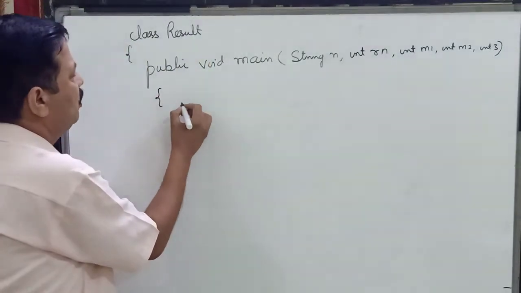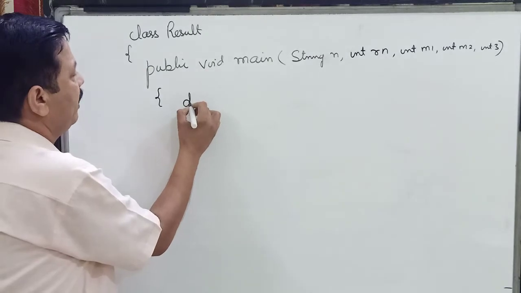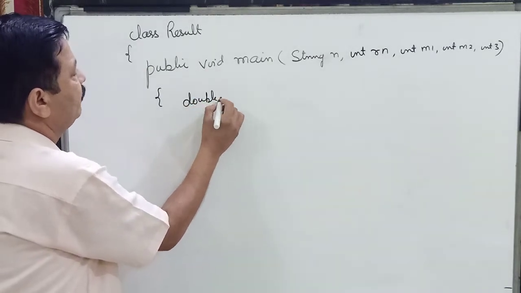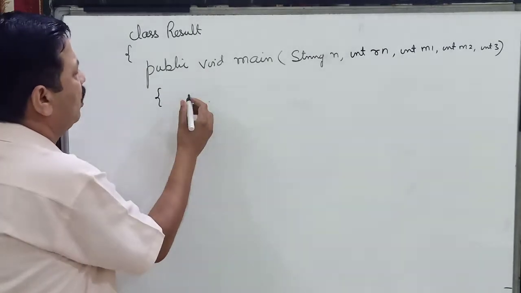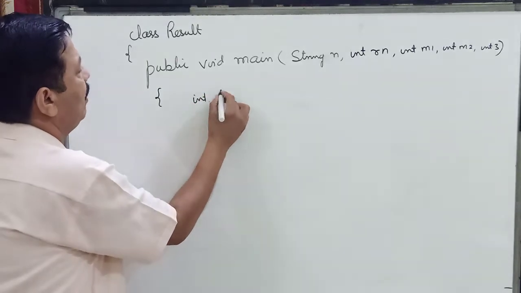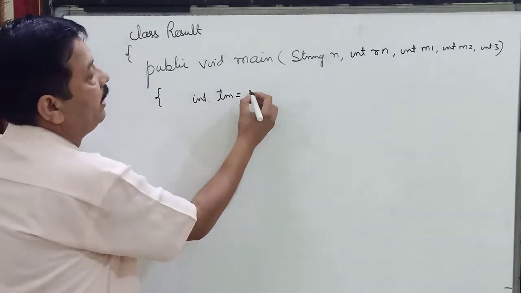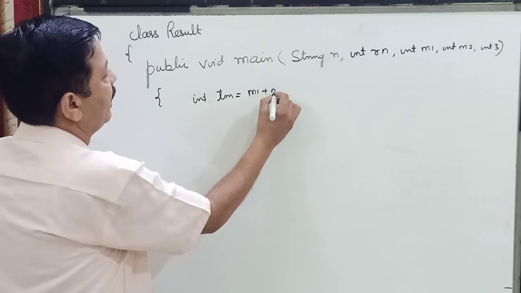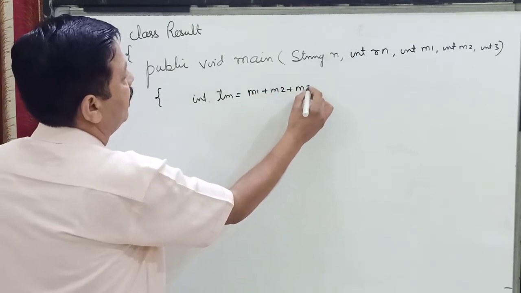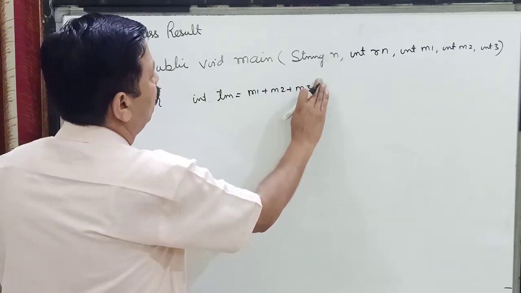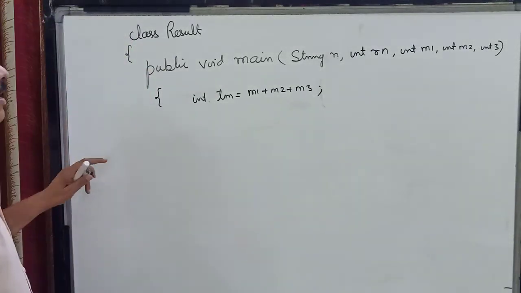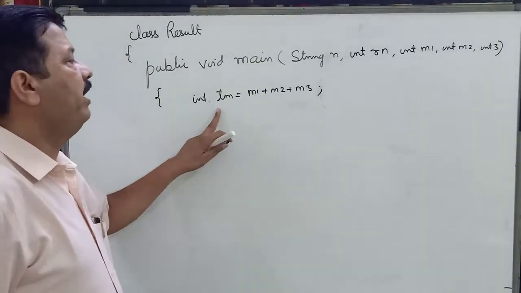Now children, we come to the processing part. It is asking us to find out the total marks. So children, total marks will come in integer only, since we are adding the integer values M1, M2, M3. So M1, M2, M3 we have added and stored in TM.